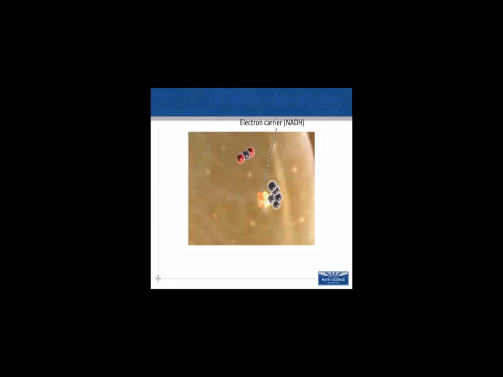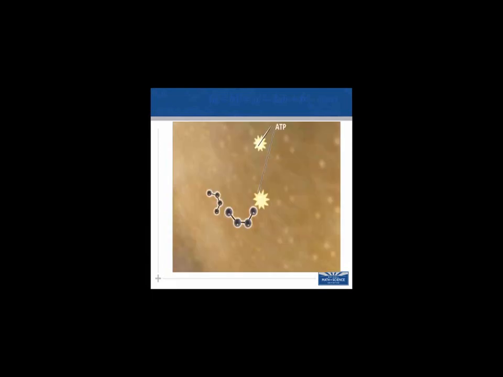The hydrogens from the remnant pyruvate are transferred over to NAD, forming NADH. Again, some carbon dioxide is given off as we lose the second carbon from this cycle. We have some ATP formed during the process of Krebs. And then also a FADH2 is going to carry electrons over to oxidative phosphorylation.